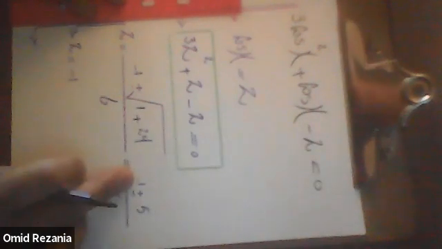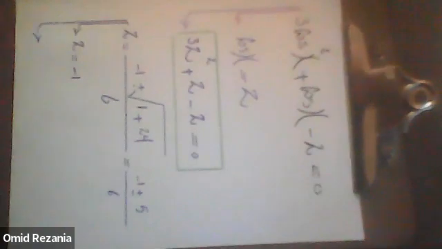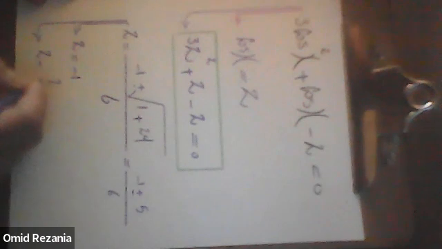The other z is minus 1 plus 5, which becomes 4, and 4 divided by 6 becomes how much? 2 divided by 3. Correct, guys? Any questions so far? Everyone's okay? Okay.